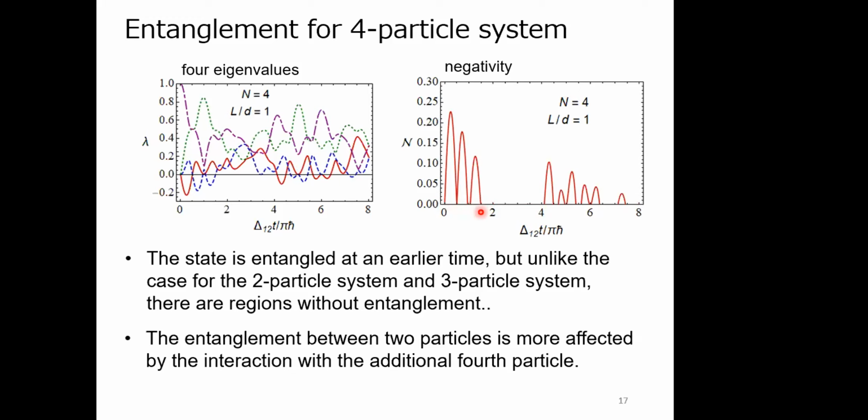But unlike the case for the two-particle system and three-particle system, there are regions without entanglement, like this region, and this, etc. Therefore, the two particles are more affected by the interaction with the additional fourth particle.